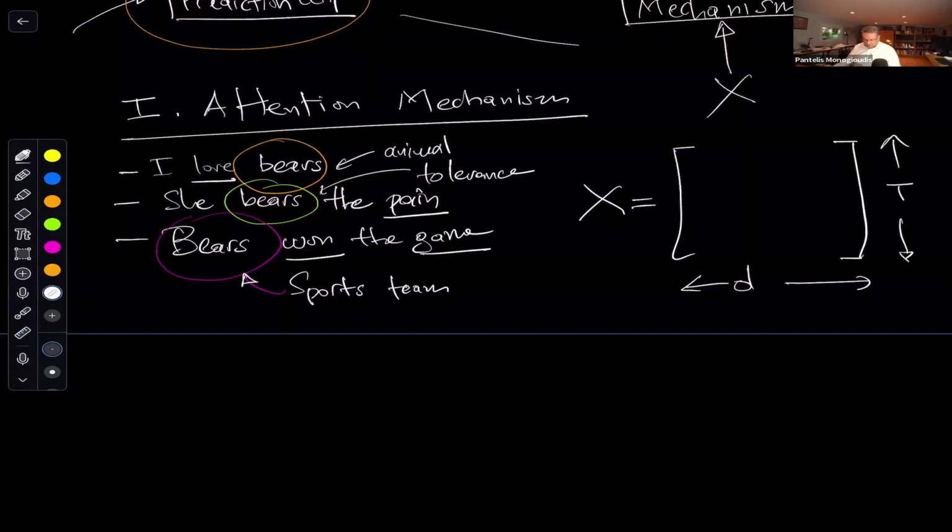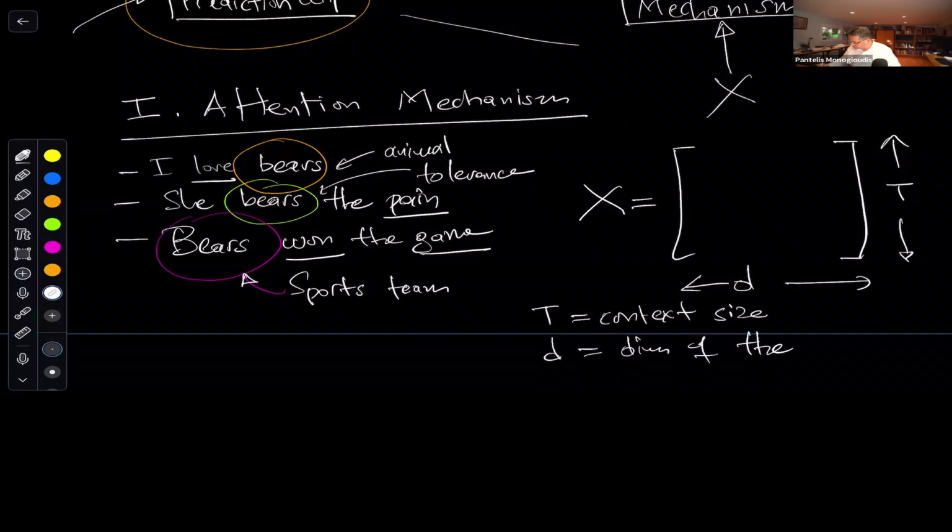Okay, so capital T is the context size. So T is the context size. And obviously D, we have seen this many times before, is the typical letter that we associate with the dimensionality of the embedding space.